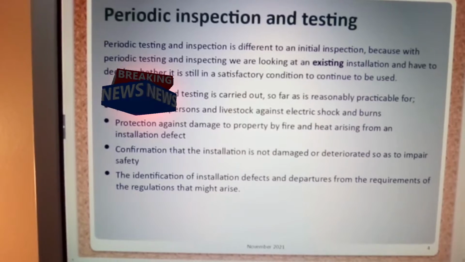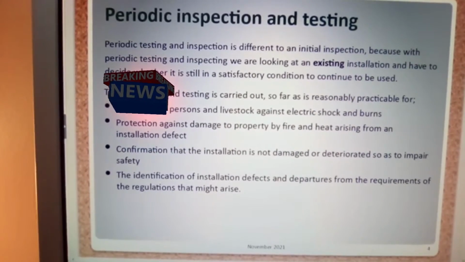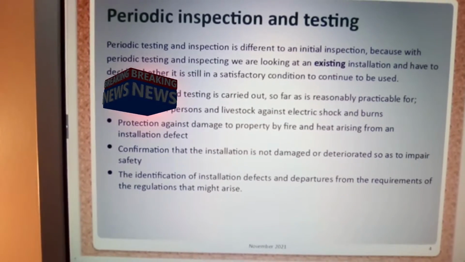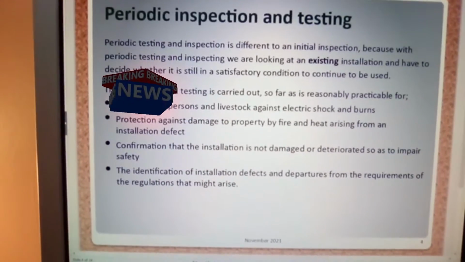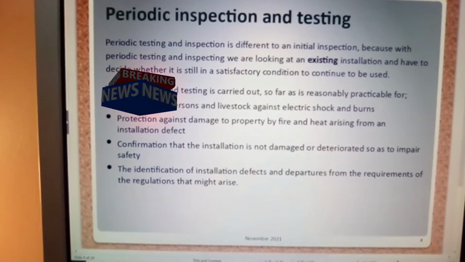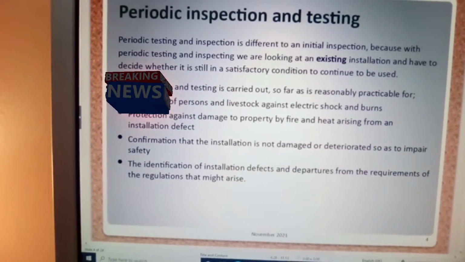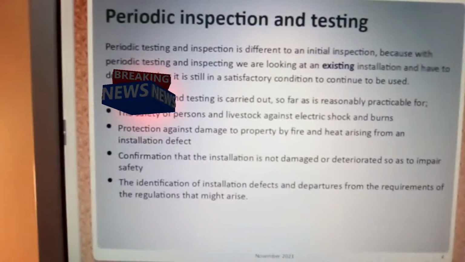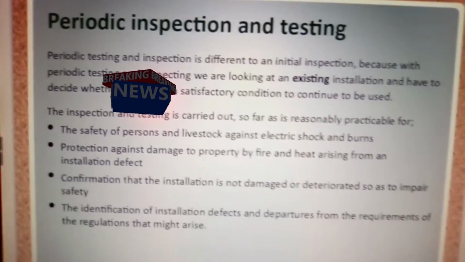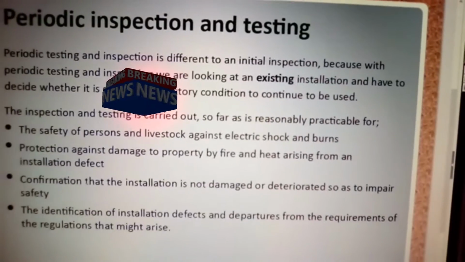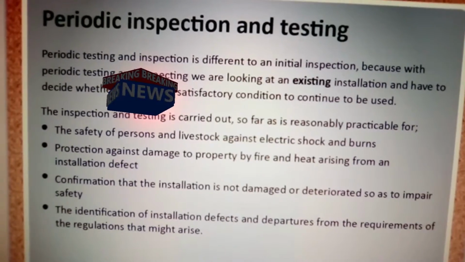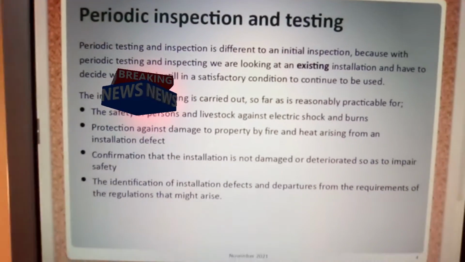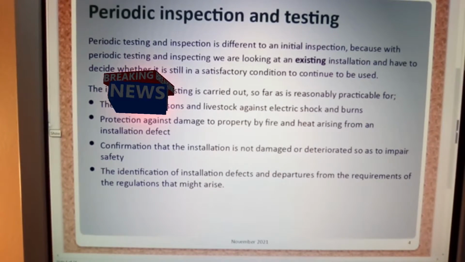And that there is the process by which we intend to follow.